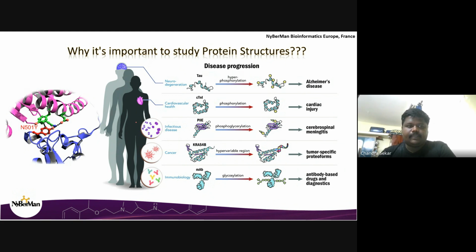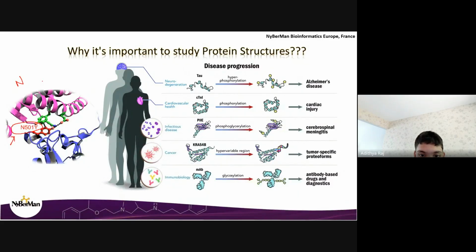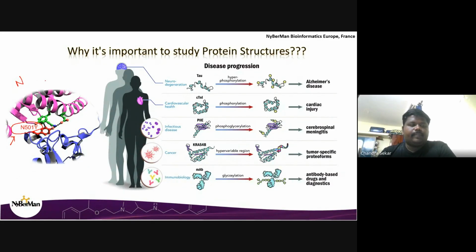Look at here. See, just one mutation. Can you guess the number in the mutation? Here, I made a circle. In the next class, you have to be thorough with the names. Just now I told you N stands for asparagine.